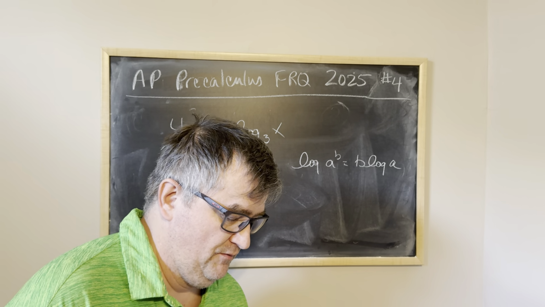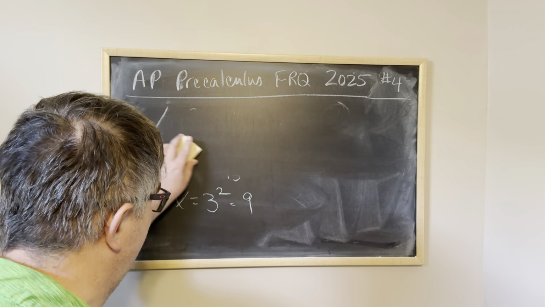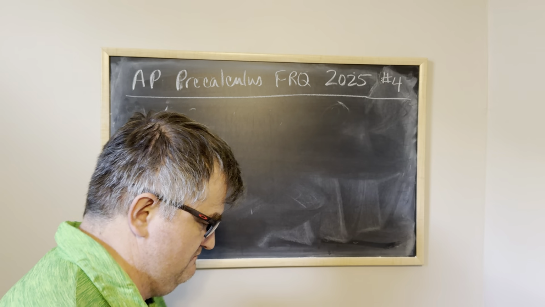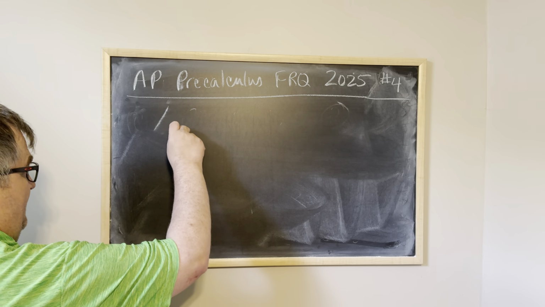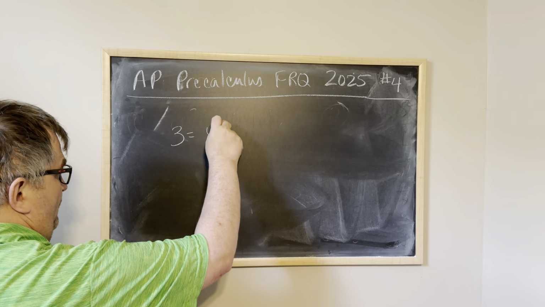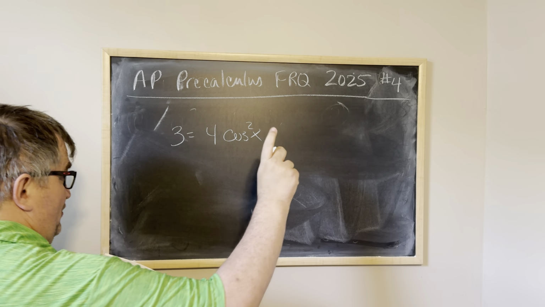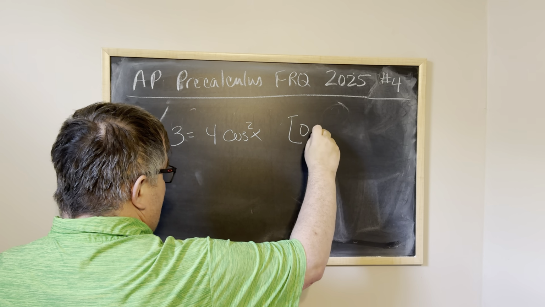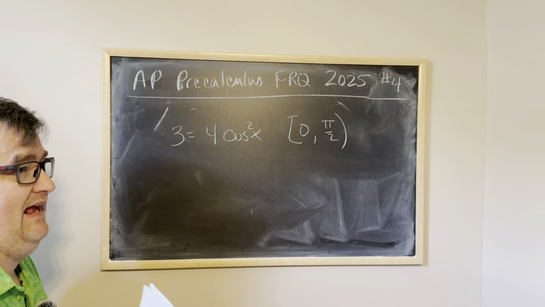So, pretty straightforward question. The other one, a little bit more challenging, just a little bit. That is, h of x is 3 equals 4 cosine squared x, and the interval is 0 to pi halves.